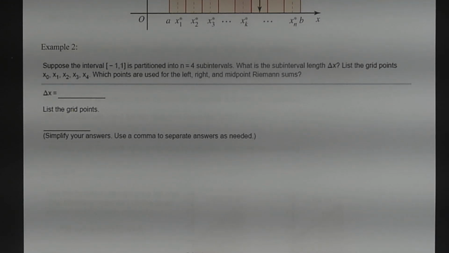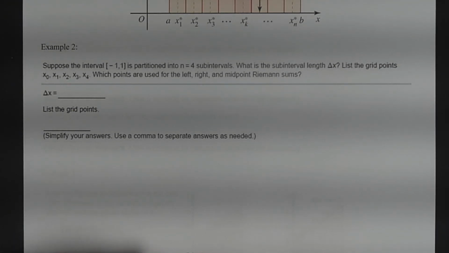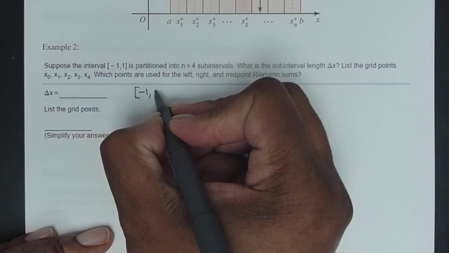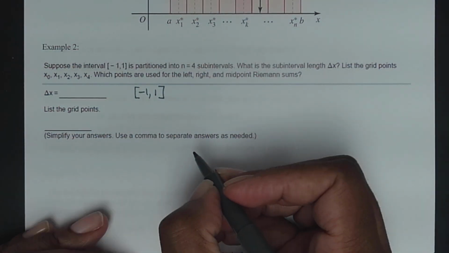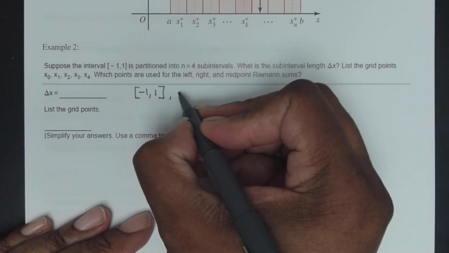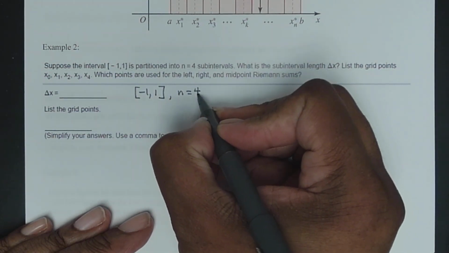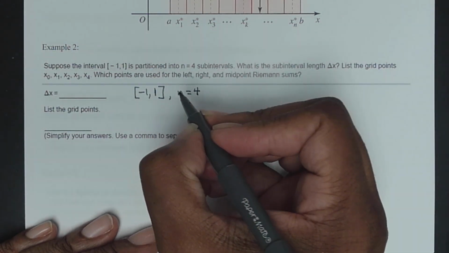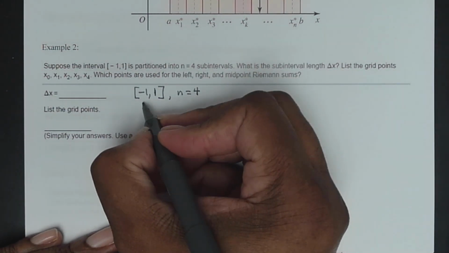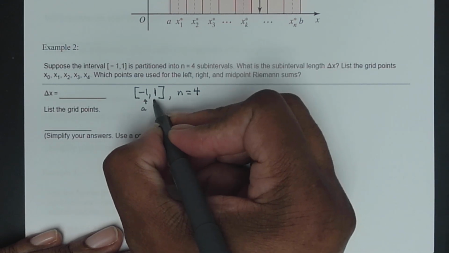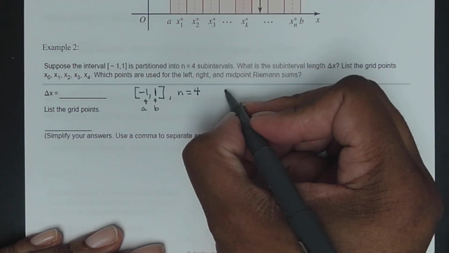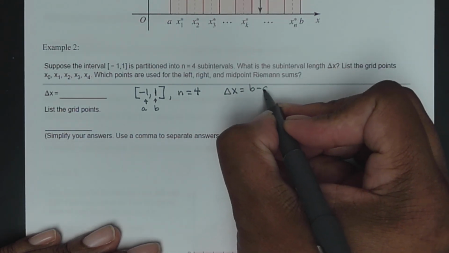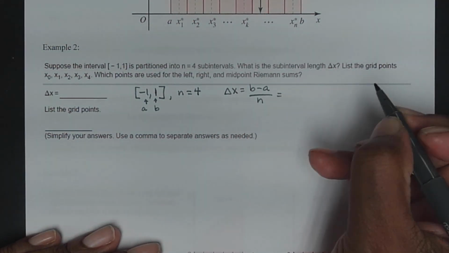All right, so now let's find out what delta x is first. We do have an interval from -1 to 1, and it's partitioned into n is equal to 4 sub-intervals. So n is equal to 4, and that's enough for us to find out what delta x is. Because here, a is -1, and b is 1. So that means delta x is just going to be b minus a divided by n.